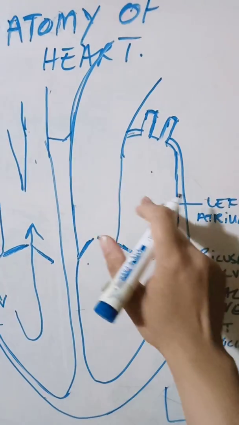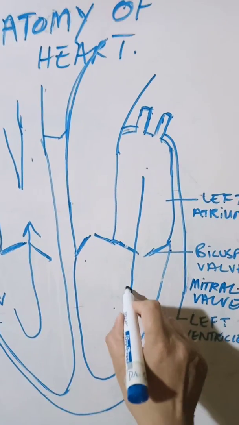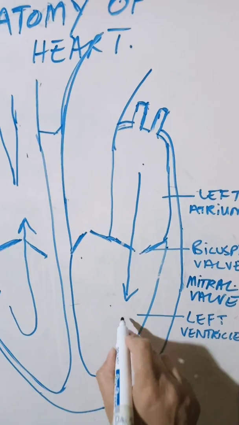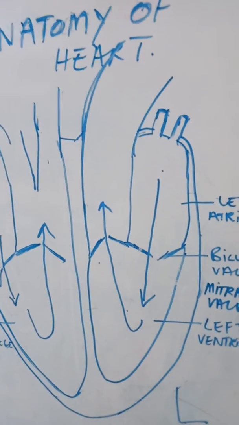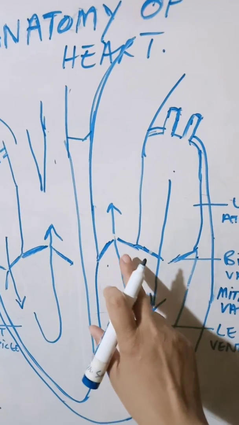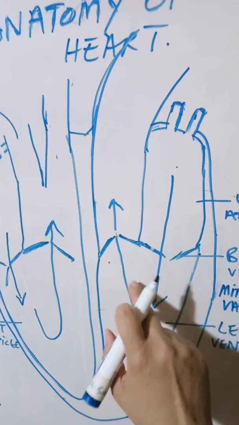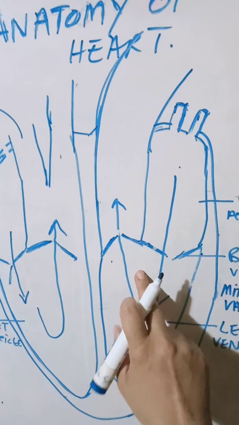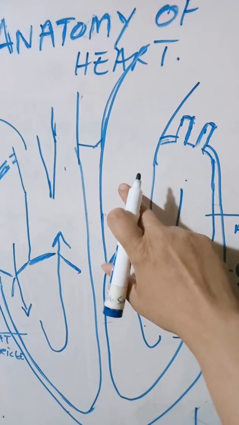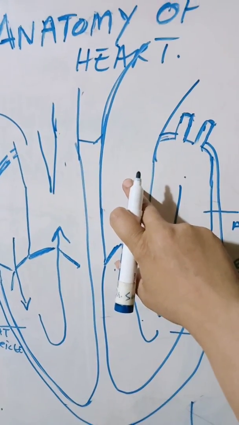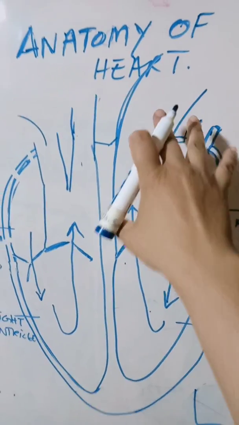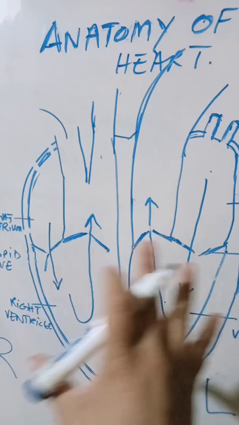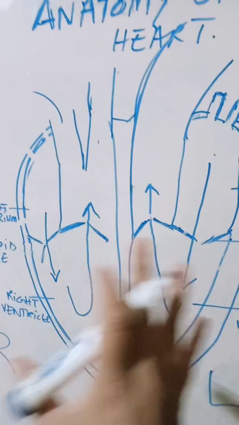Okay, now from here blood is coming into the left ventricle. Now from the left ventricle blood has to go into the aorta. Here also a valve is present, which is called the aortic valve or aortic semilunar valve. Okay, and the aorta is responsible to supply oxygenated blood throughout the body.